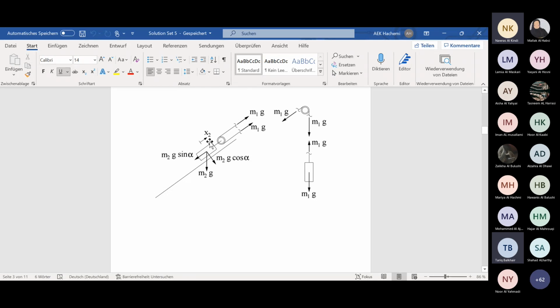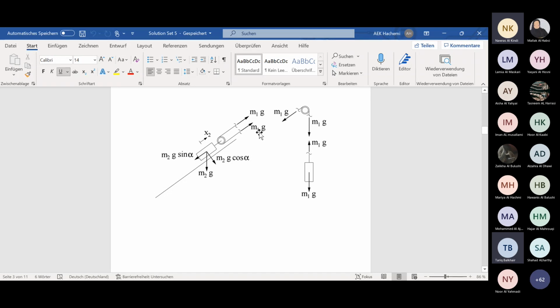We find that M1 is equal to the half of M2 multiplied by sine alpha. In the task of the exercise, it specified that M1 should be greater than the half of M2 sine alpha. That means in this case the motion will be positive in this direction, x2.